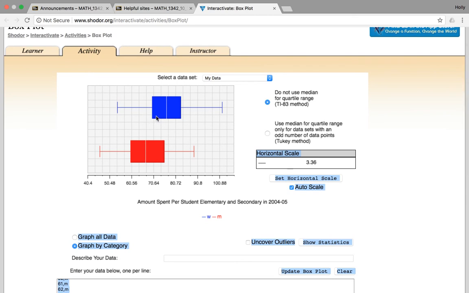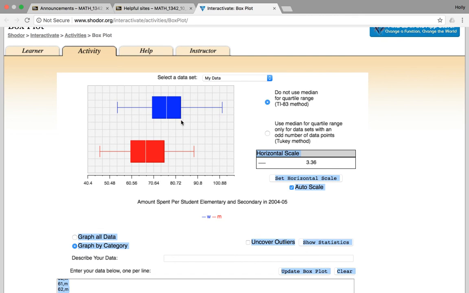Now, a box plot or a box and whisker plot has the 5-number summary drawn as a box, where my minimum is going to be this left whisker. My Q1 is this side of my box. This is my median in the middle, and the right side of the box is Q3.